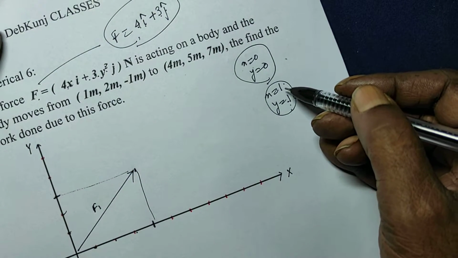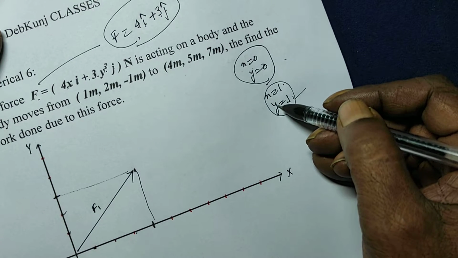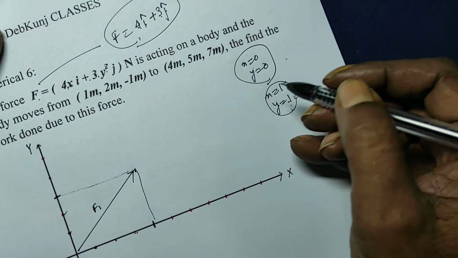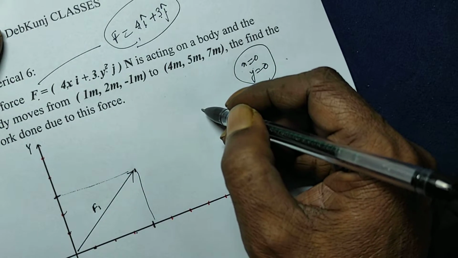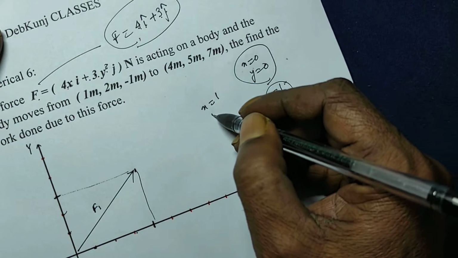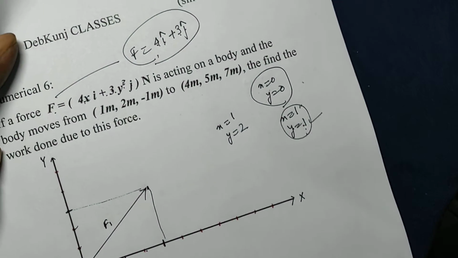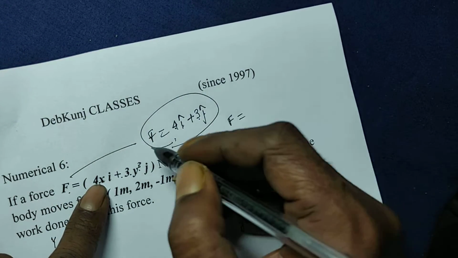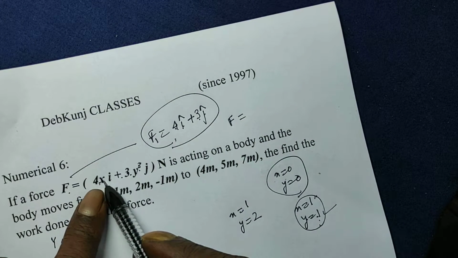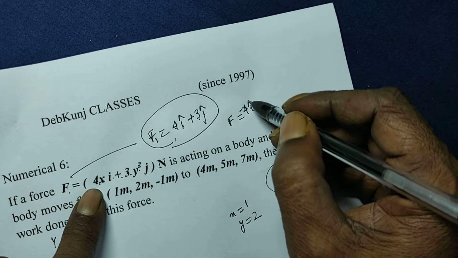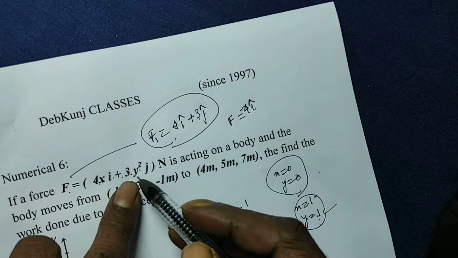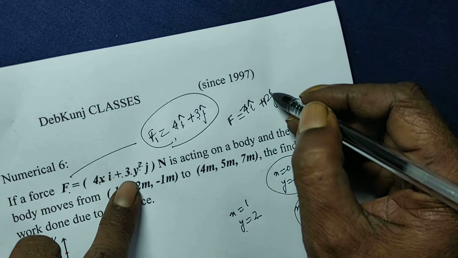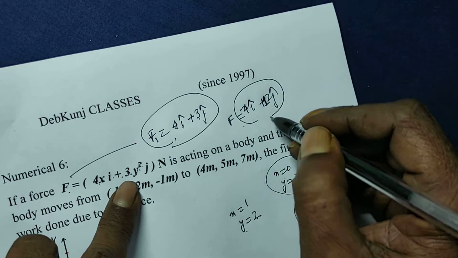You can change the value of x and y together. You can change the value of x only, keeping y constant. Let's say x is equal to 1 and y is equal to 2. Then how should this force look? For x is equal to 1, it is 4 i cap. For y is equal to 2, 2 2s are 4, 4 3s are 12, plus 12 j cap.